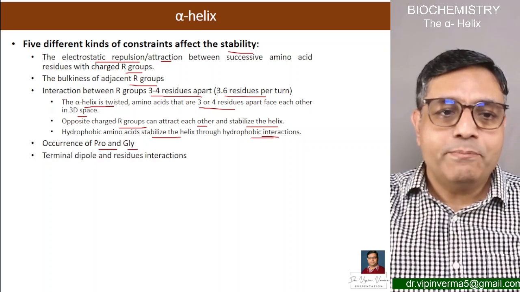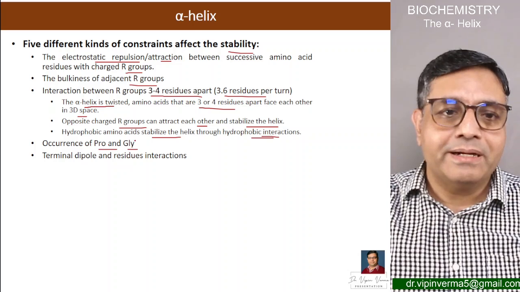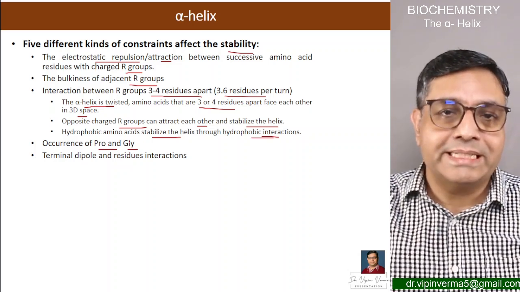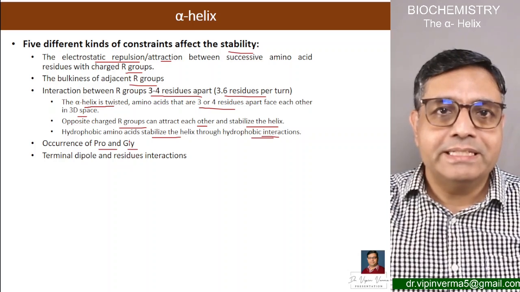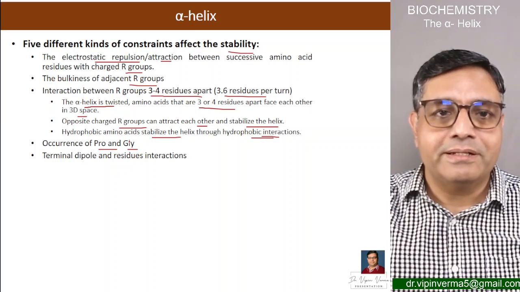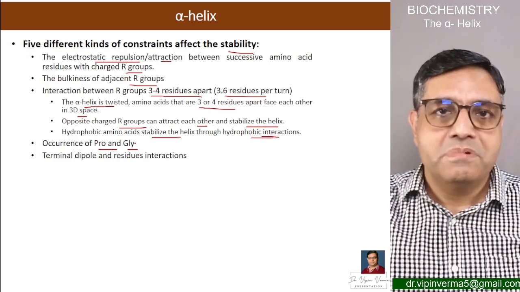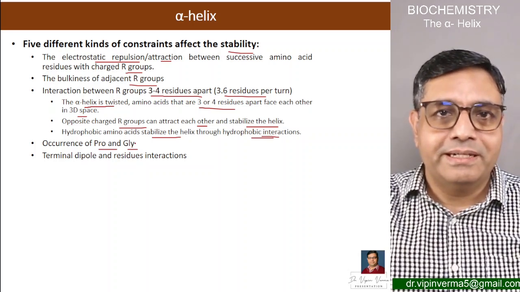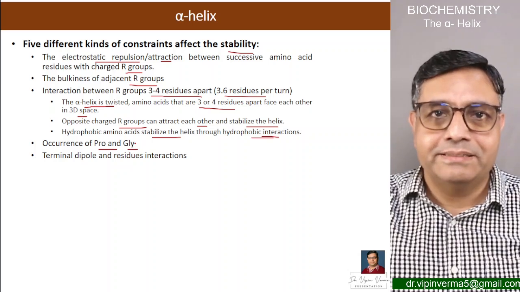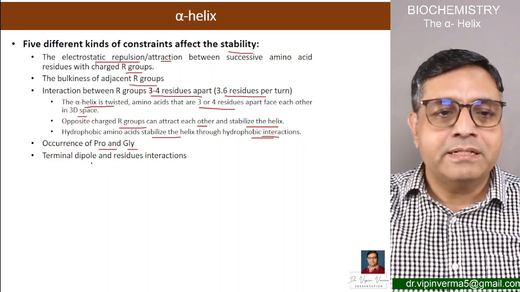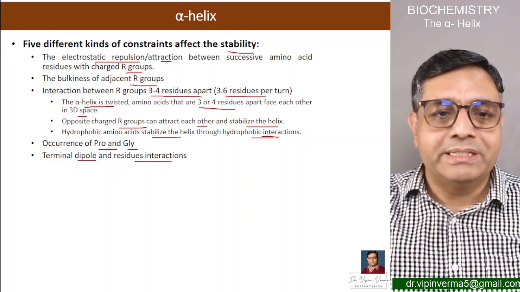So proline can produce a kink, it is a helix breaker, and glycine has a wide conformation, but if it goes inside the helix, which is a very strict conformational environment, then it pays the cost. So if proline and glycine occur within the helix by mutation, then that helix will not be stable. And the last is the terminal dipole and the residues interaction.